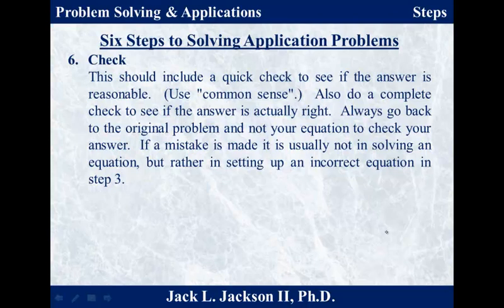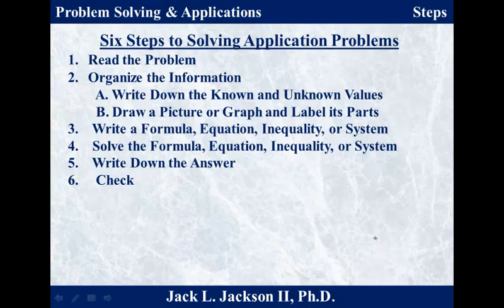So again, here are our 6 steps. Read the problem, organize the information. To organize the information, you're going to do 2 parts. Write down the known and unknown values, perhaps in a table, perhaps just in columns. And along with that, if needed, you're going to draw a picture or graph and label its parts. Next, write a formula, equation, inequality, or system of equations relating the known and unknown values.